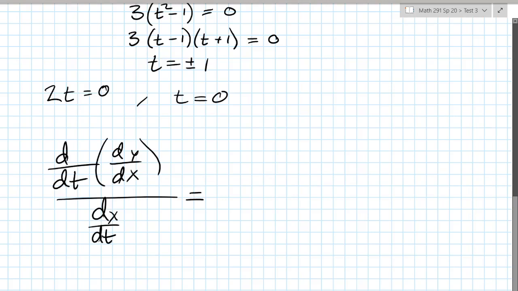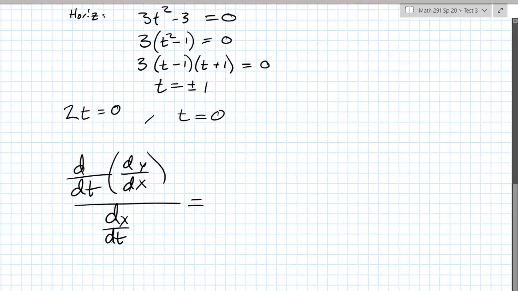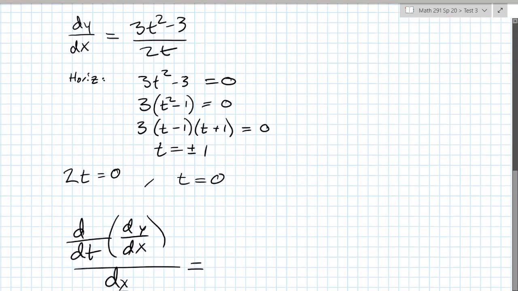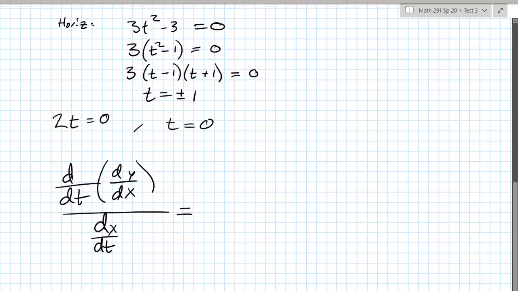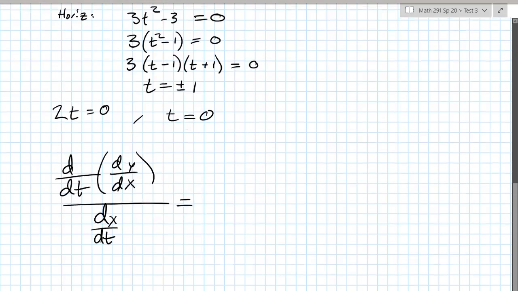Okay, so we're going to take the derivative of dy/dx and then divide it by dx/dt. So the derivative of dy/dx with respect to t. What was our dy/dx? That was up here. So we need that derivative, and then we need to divide it by the derivative of x with respect to t.